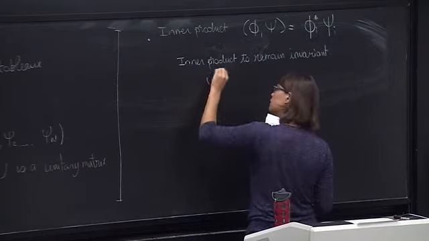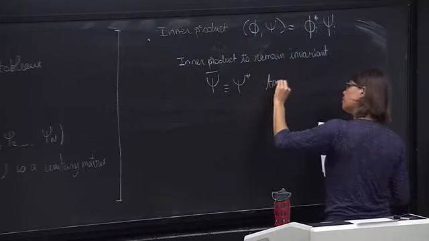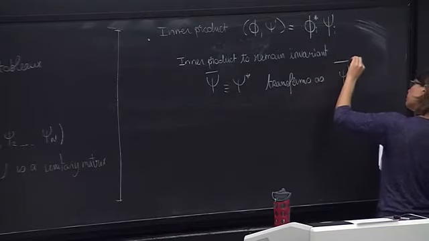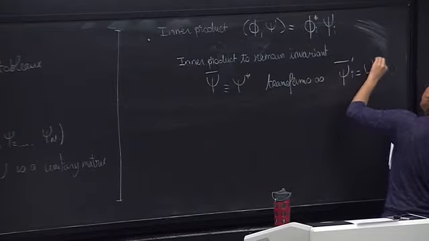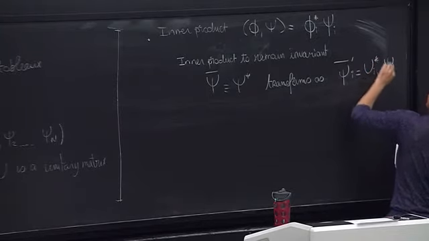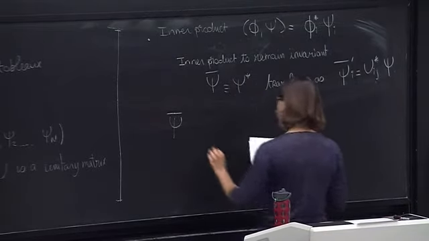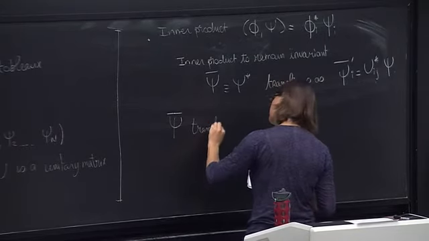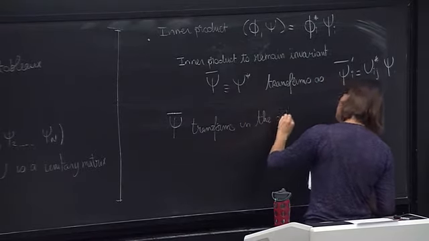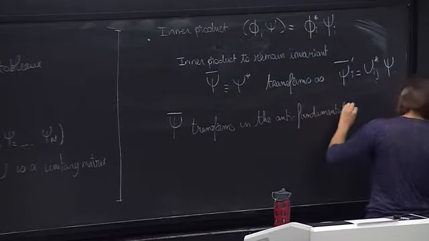So we want this to transform as, and here we say that this state transforms in the anti-fundamental representation of SUN.